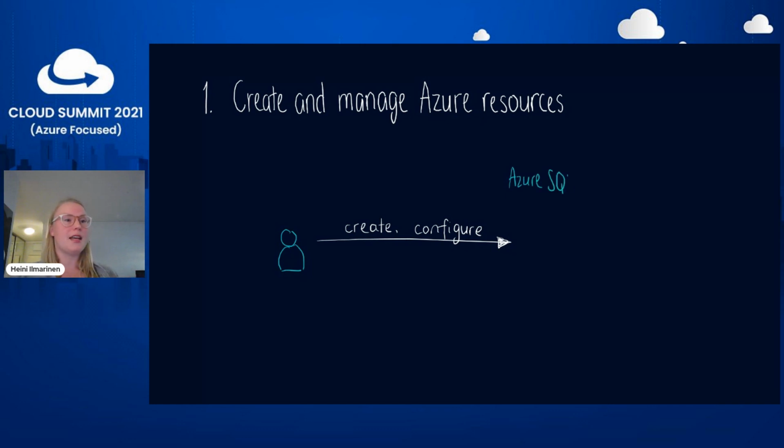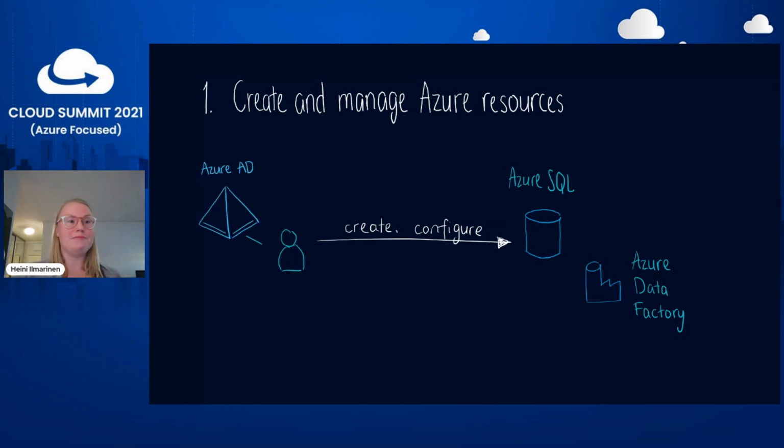For example, let's say you're just putting up one service in Azure SQL, or you're building a full platform where you might be adding multiple different data platform services. The first point here is that if we want to give access to this user, that user has to be found in our Azure AD. So that's the core point here.